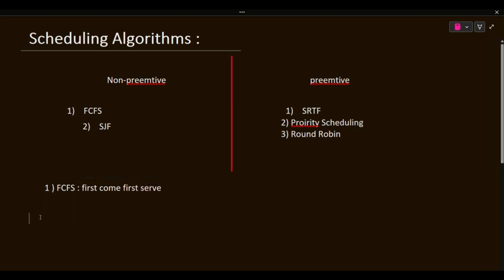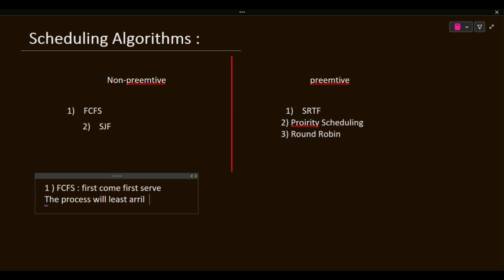As the name suggests, in this algorithm, the process with the least arrival time in the ready queue will be served first.